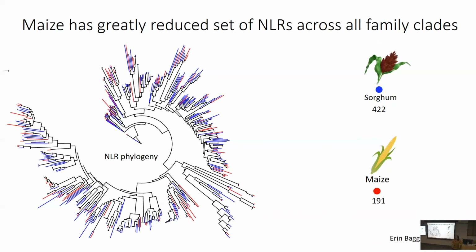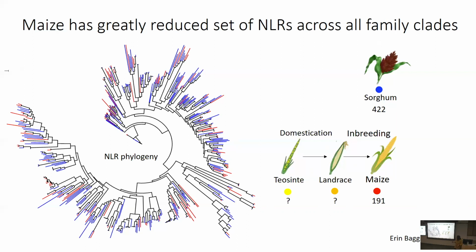Now, the sequenced genomes now, and what I talk about here, are elite maize varieties that underwent extensive inbreeding and domestication. So the project that we started, we reached out to the maize community, and the maize community is absolutely great. They sent us seeds, they sent us samples, they sent us unpublished genomes.